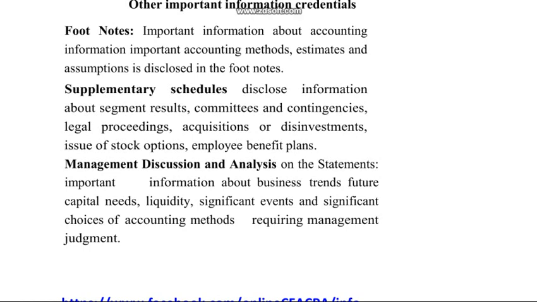We are going to acquire something, or we are going to disinvest in the UK. So all this information will be explained under supplementary schedules. Issue of stock options, employee benefit plans, number of employees, what the benefits to employees are, everything related to these items will be mentioned under supplementary schedules.